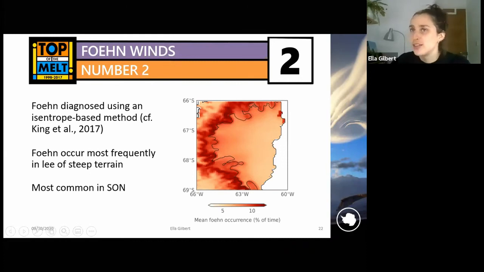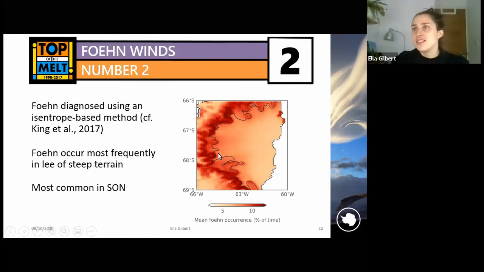I determined whether foehn are occurring using a method adapted from one that John King used in a paper in 2017, which looks at isentropes, so constant levels of potential temperature. If anyone's interested, I can talk to you later about it.